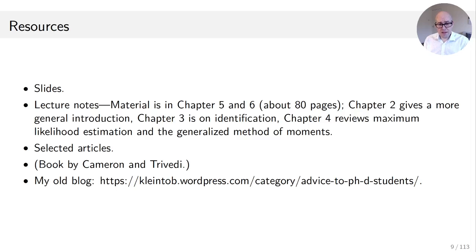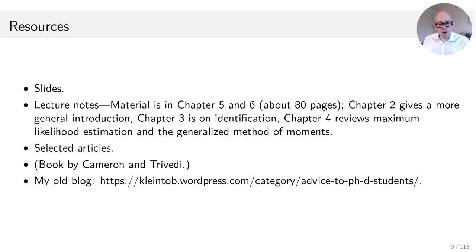Then on top of that, there are selected articles that I will refer to. There is the book by Cameron and Trivedi that fits well to this course, but it's not required reading. What is recommended and in some sense required reading is the lecture notes. For that reason, I've put the book here in parentheses.